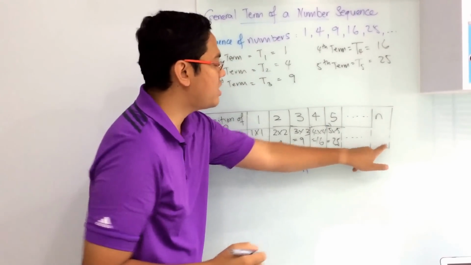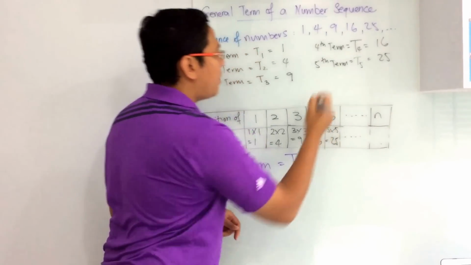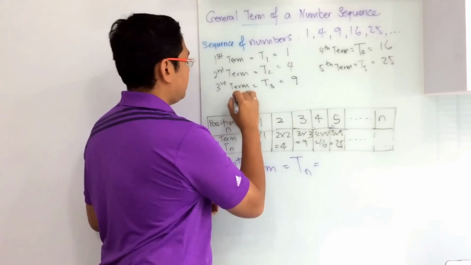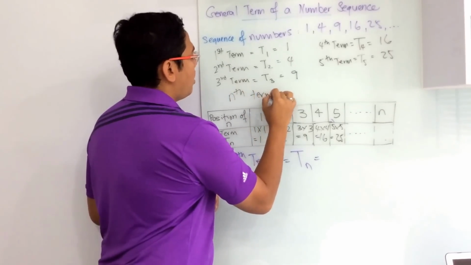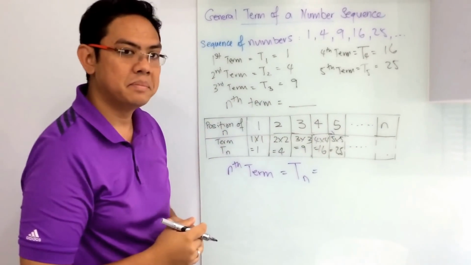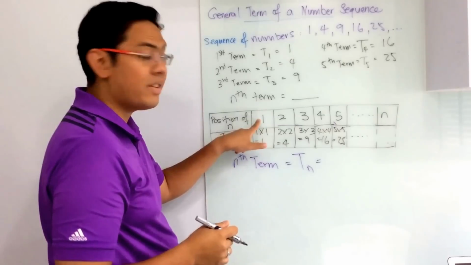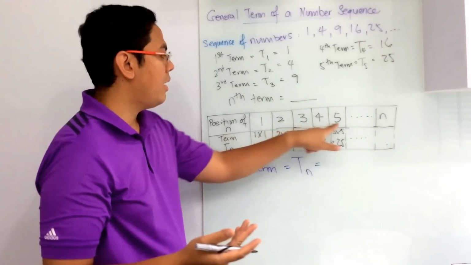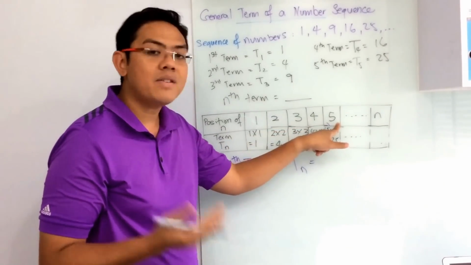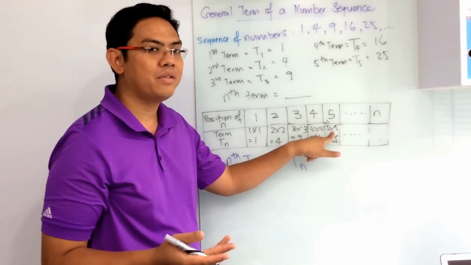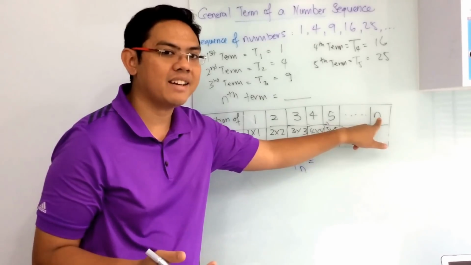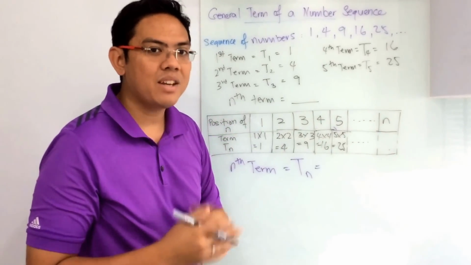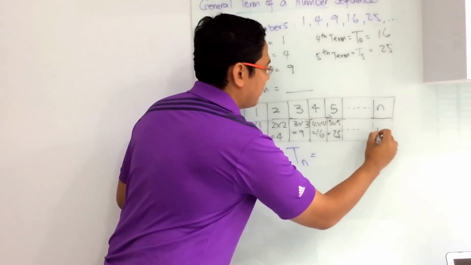So now the question here is, how about the nth term? What is the nth term? If it's position number 1, it's 1 squared or 1 times 1. Is this position 5? It's 5 squared or 5 times 5. How about position n? n times n or n squared.